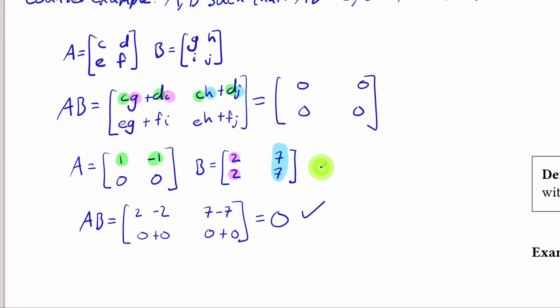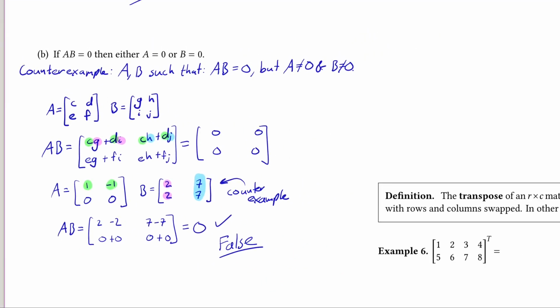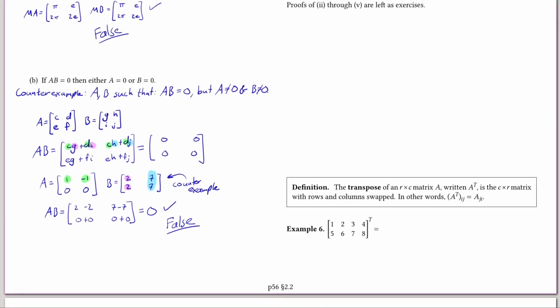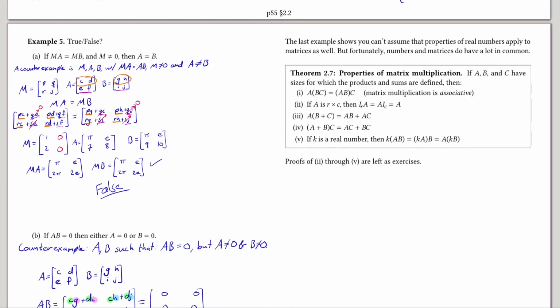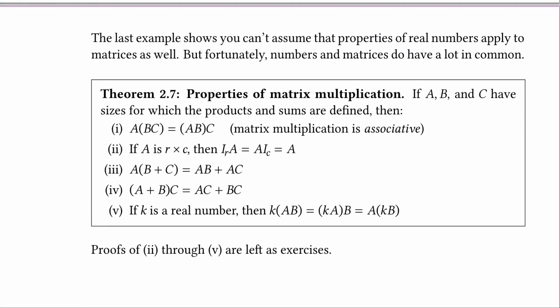So this is a counterexample, and we have shown why the statement is false. So this is yet another way that matrices do not behave like you might like them to, like the way numbers behave. Now, fortunately, matrix multiplication does behave in some nice ways.